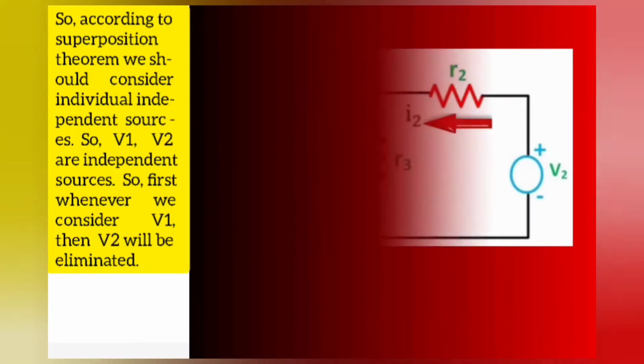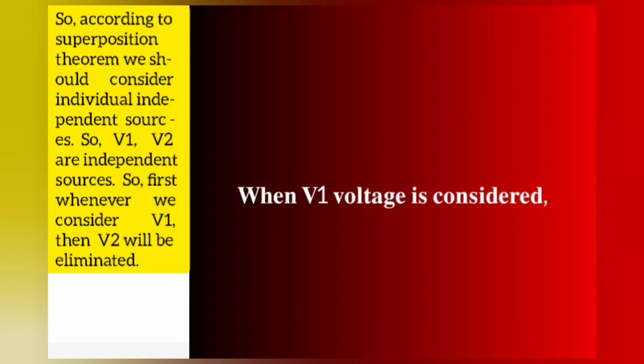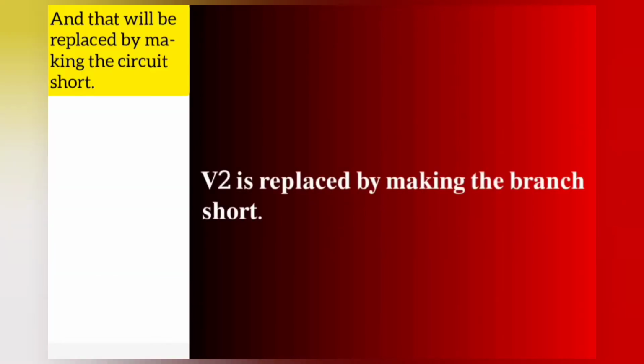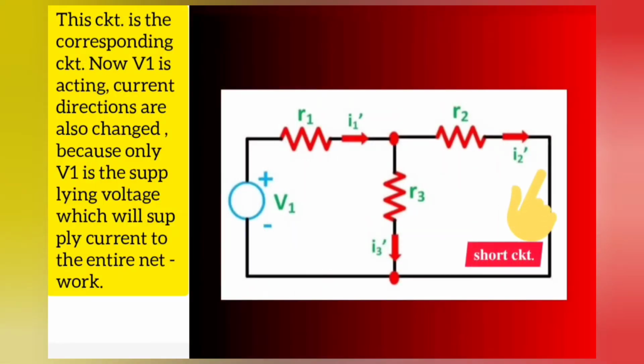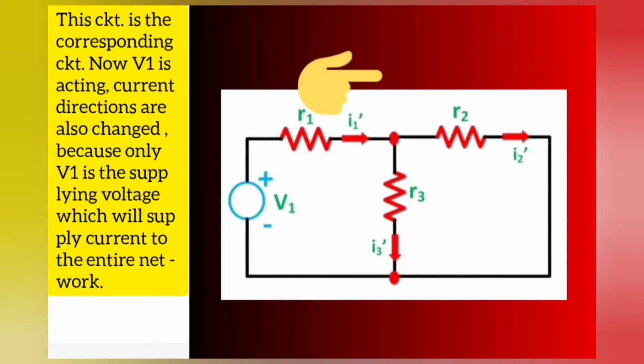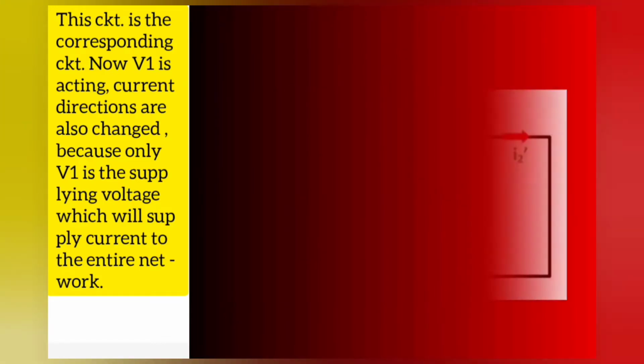First, when we consider V1, V2 will be eliminated and replaced by a short circuit. So this is the corresponding circuit. As V1 is acting, the current directions are also changed, because only V1 is supplying voltage, which will supply current to the entire network.